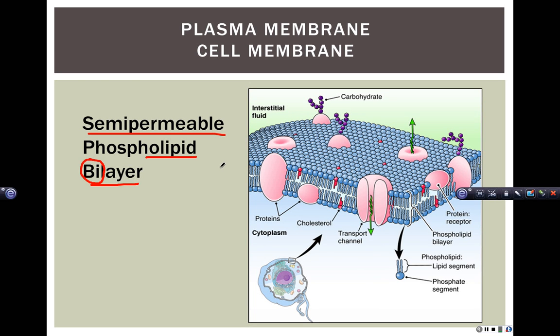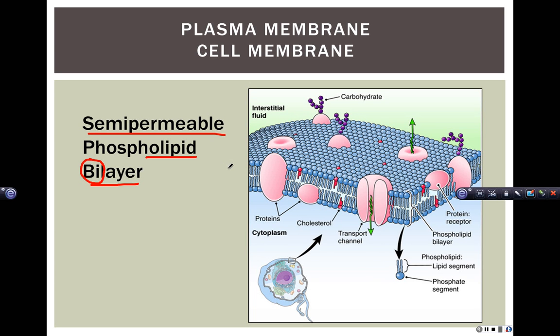So it's a double layer, like two sheets put together. These parallel sheets of phospholipids are self-arranging, and we'll take a look at the fluid mosaic model next and see how they can actually move around.